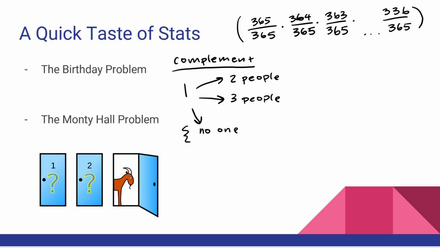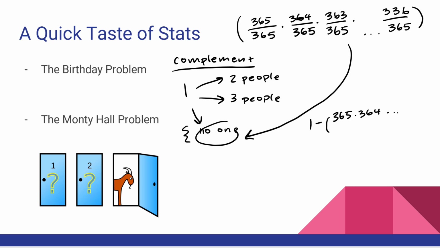Now that we found that, we have one more step left. We need to find the original problem, so at least 2 people having the same birthday. What we are going to do is subtract this probability from 1. So let's do that: 1 minus 365 times 364, until 336, all over 365 times 365, 30 times.